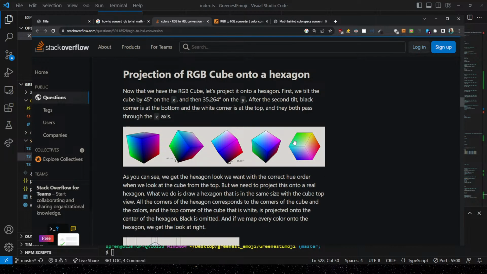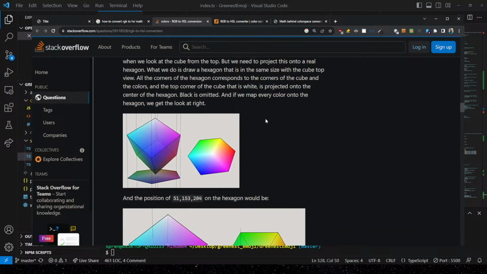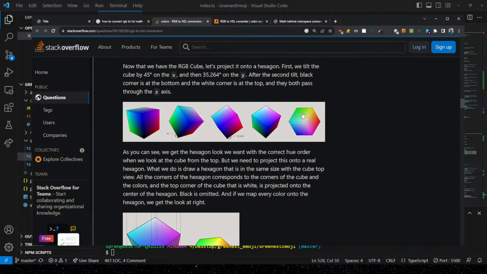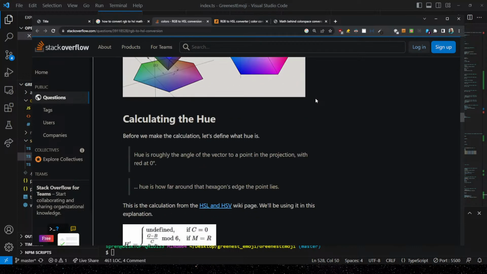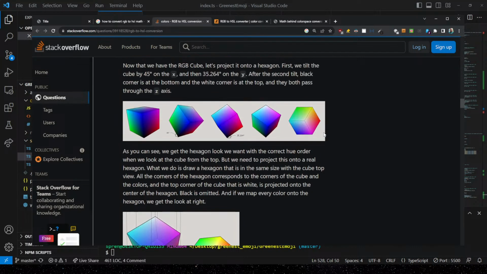Okay, so that I didn't consider. That's interesting. So one of these edges is the green one. I guess it's the far one. And what they're telling me is red is at 0, they say.